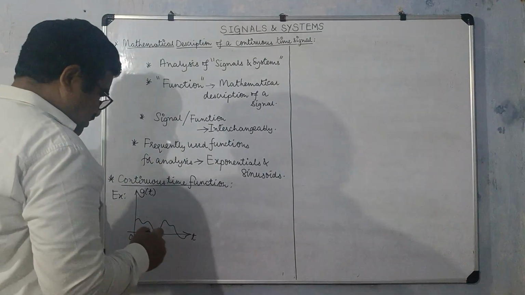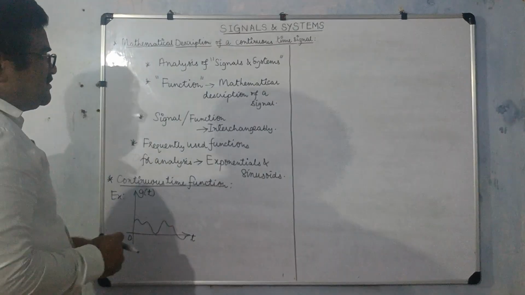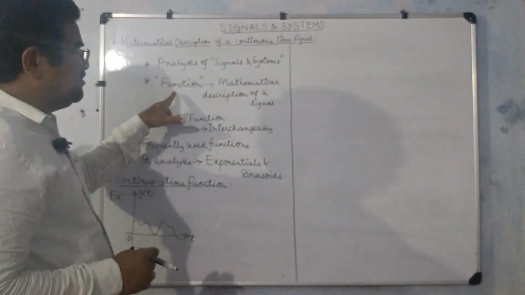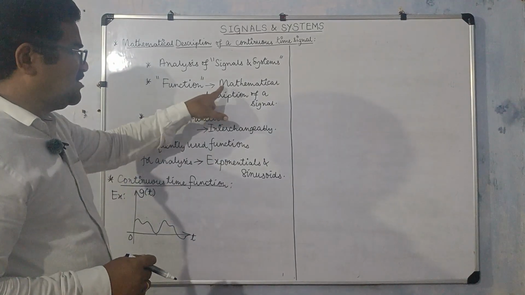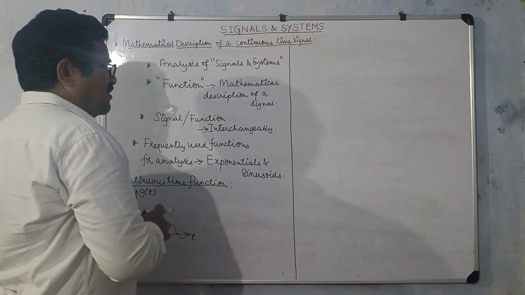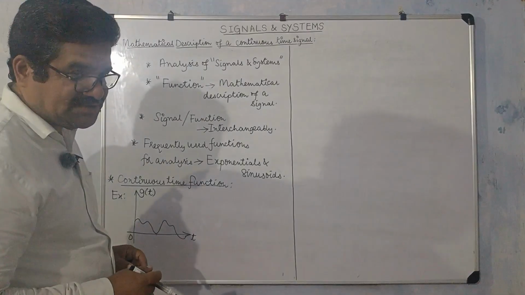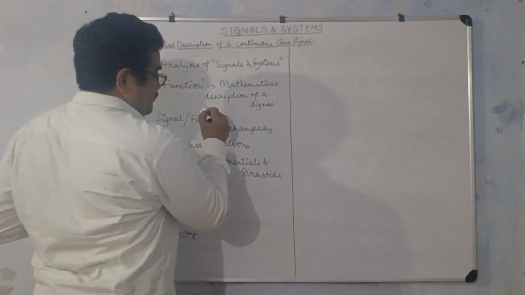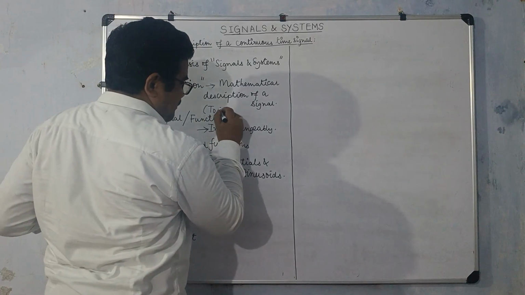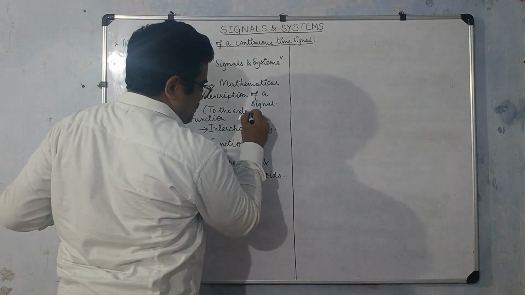Now, as I have told you, a signal can be represented as a function, which is the mathematical description of a signal, but not all signals can be represented as functions. We are representing the signals as functions to the extent possible.